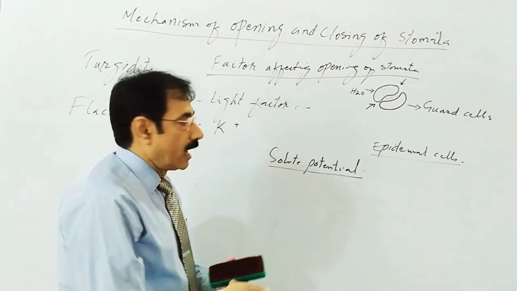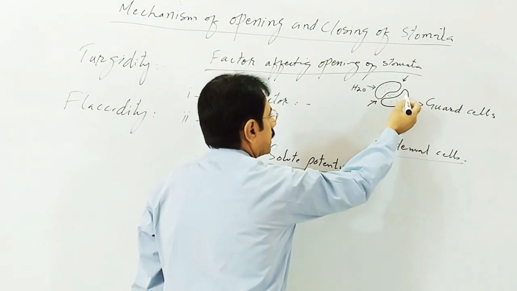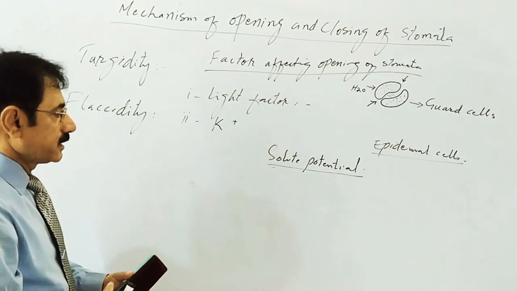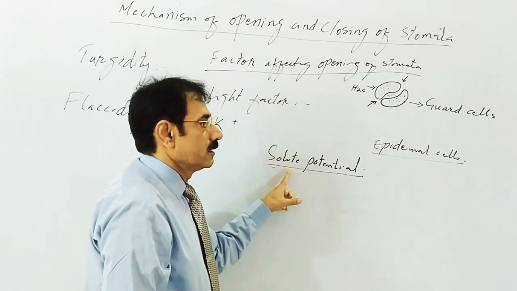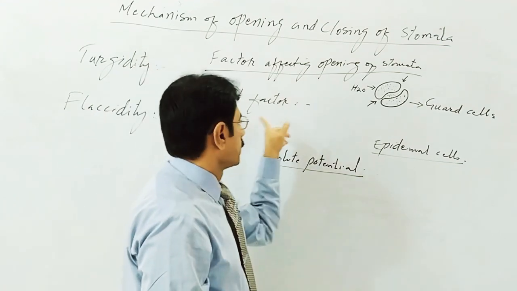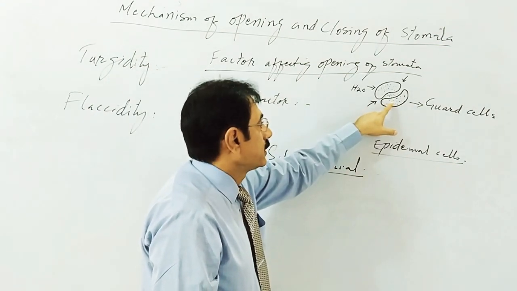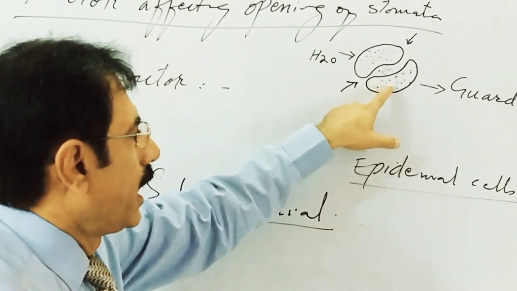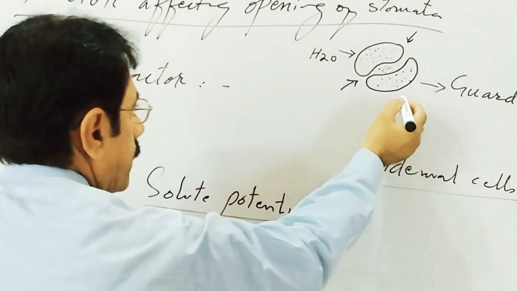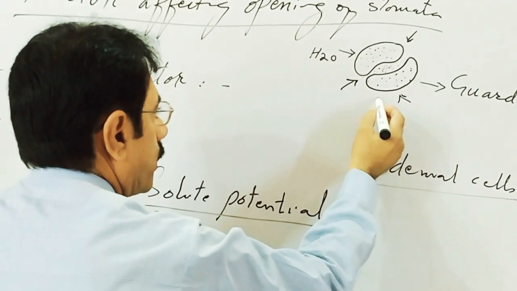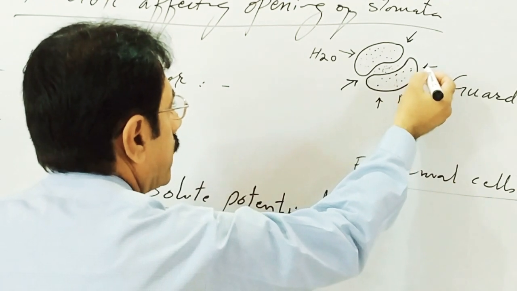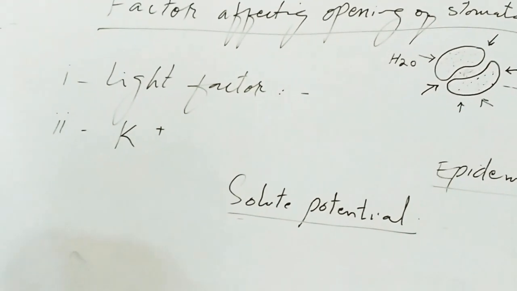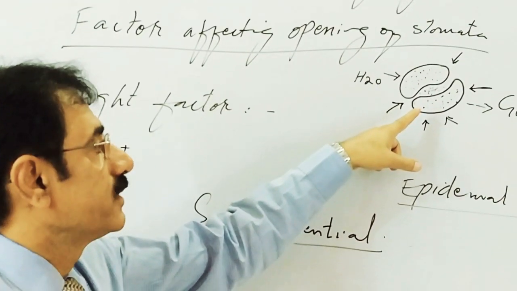When the concentration of potassium ions increases in the guard cells, the solute potential increases in the guard cells and the water potential decreases, as a result of which the guard cells absorb water from the surrounding, and the guard cells become turgid, and a pressure called hydrostatic pressure or pressure potential is increased within the guard cells.